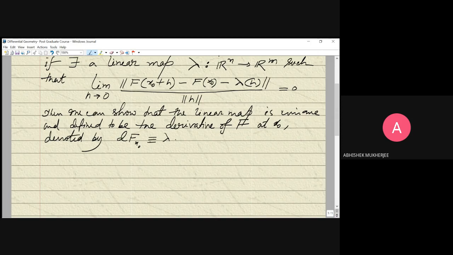Now, we have already seen the definition of partial derivative of a map with respect to each coordinate at any point. So what was the definition?